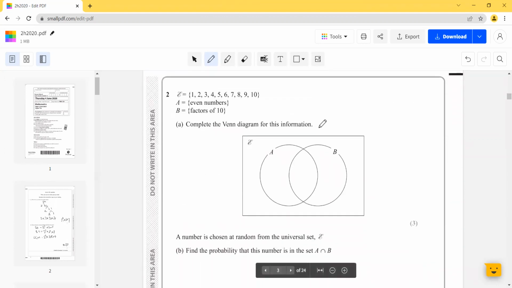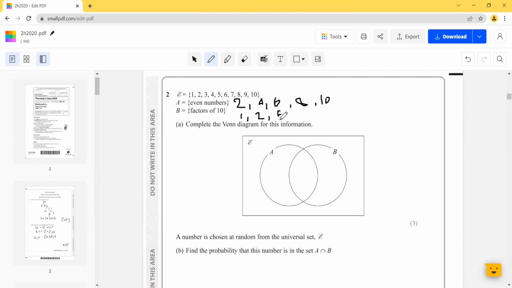Question 2. Complete the Venn diagram for this information. The even numbers that we have are 2, 4, 6, 8, and 10. And factors of 10 are 1, 2, 5, and 10.